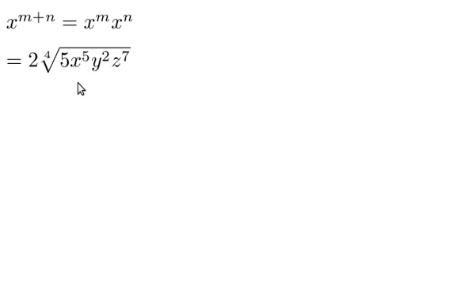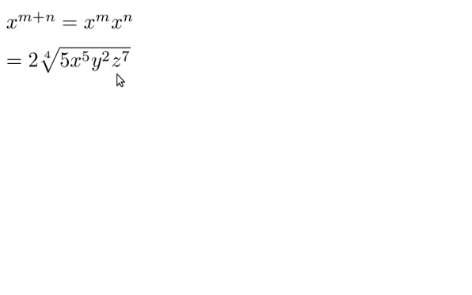What's the largest number less than or equal to 5 that is divisible by 4? Well, it's 4. So that means let's go ahead and rewrite this as 2 times the 4th root of x to the 4th times x to the 1st.